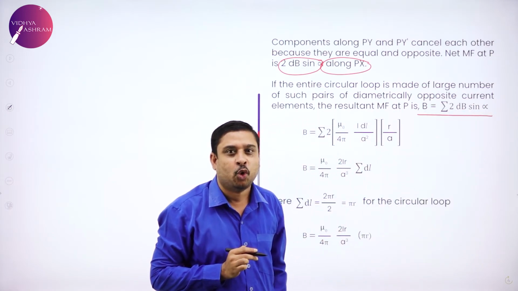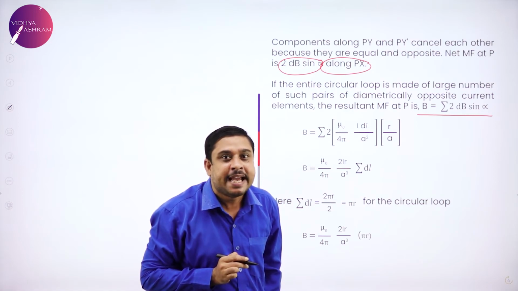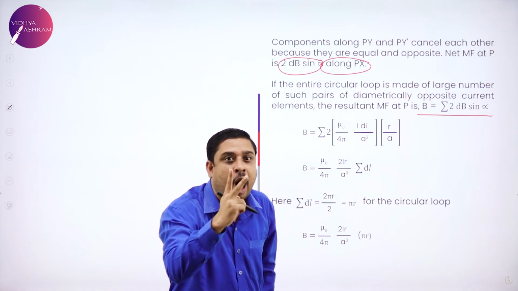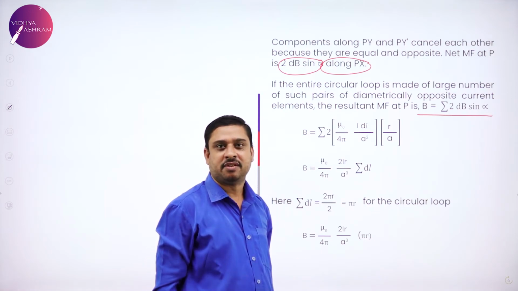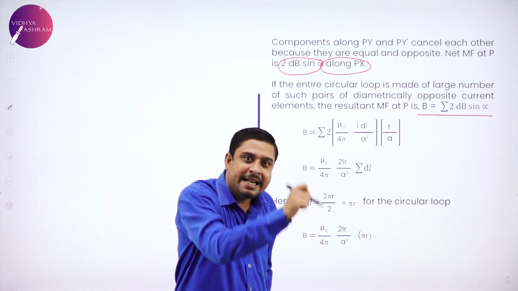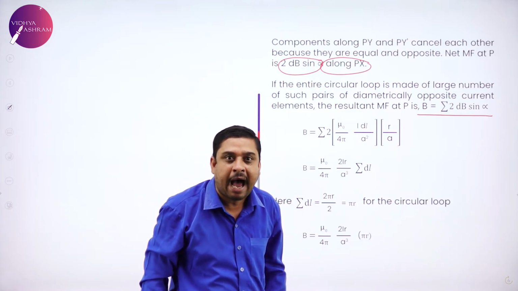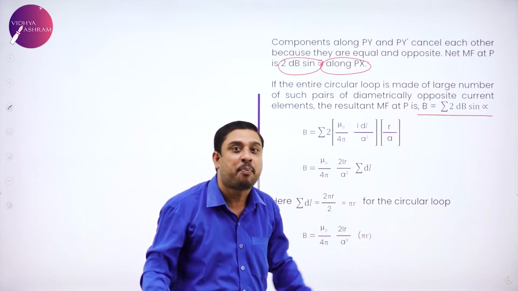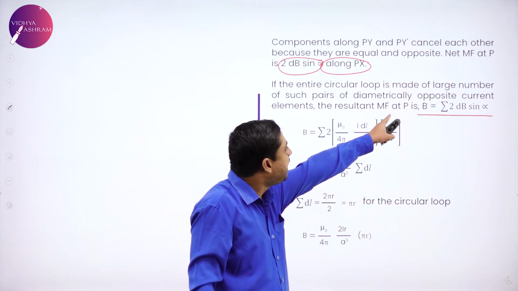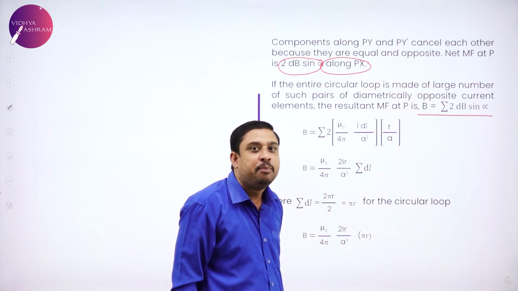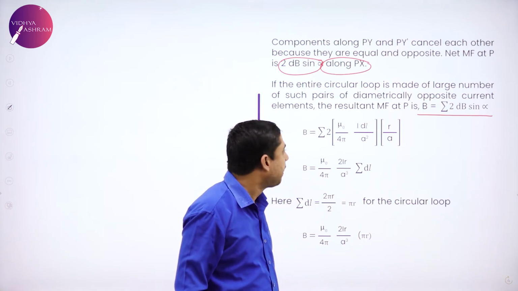Isn't it? 2 dB sin alpha was with only two opposite current elements. If the entire coil is assumed to have many such opposite elements, B equals summation 2 dB sin alpha.